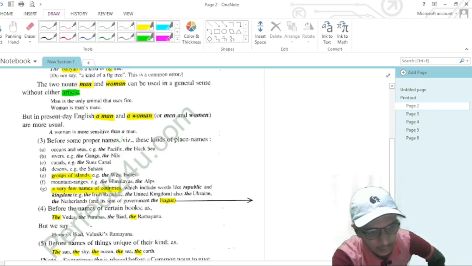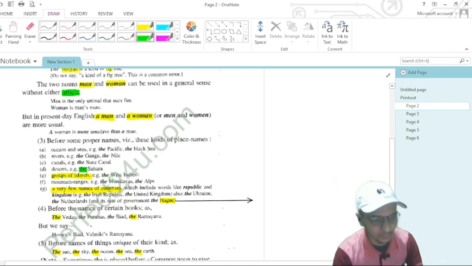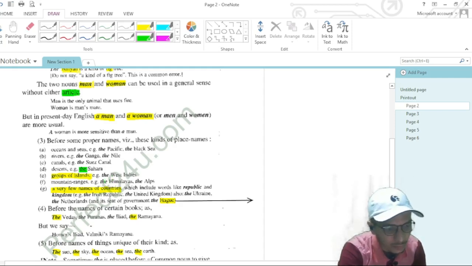Before some proper names, for example these kinds of place names: oceans and seas, for example the Pacific, the Black Sea; rivers, the Ganga, the Nile; canals, the Suez Canal; deserts, the Sahara; groups of islands, the West Indies; mountain ranges, the Himalayas, the Alps.